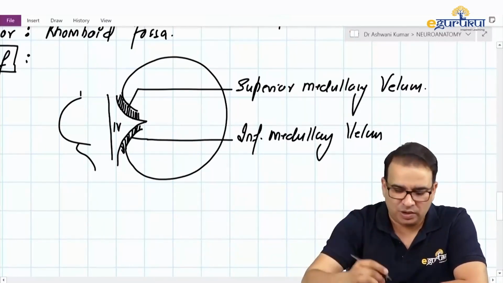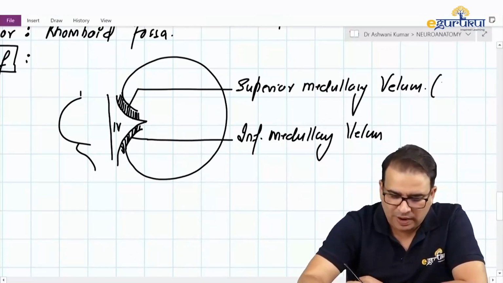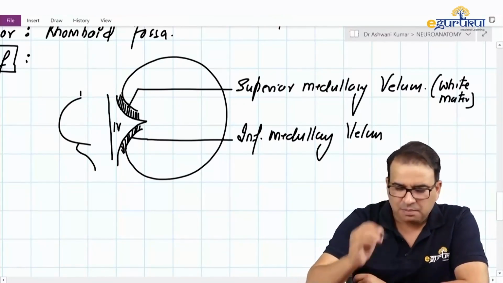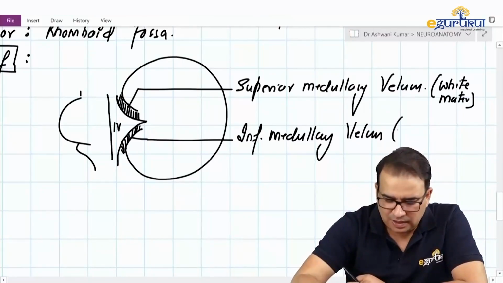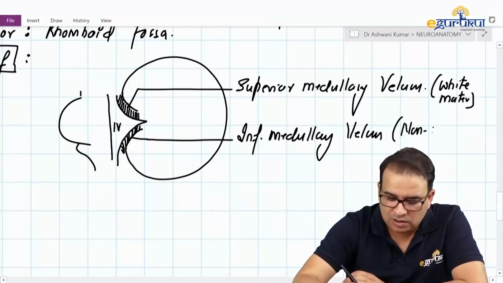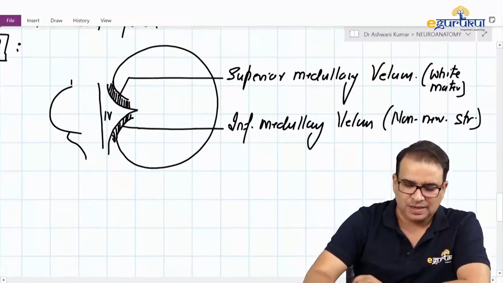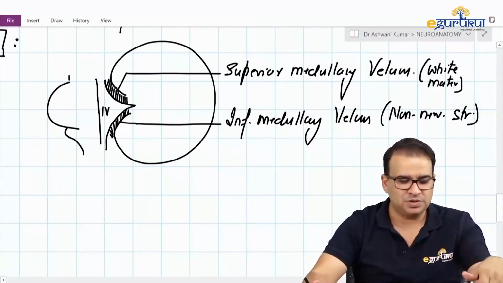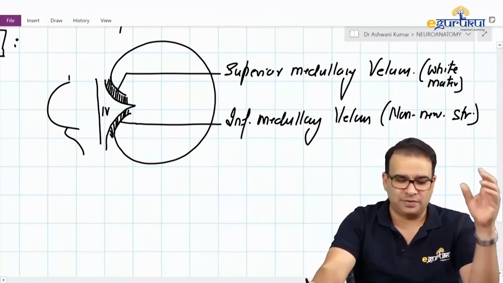It is made up of white matter only, basically axons. But the inferior medullary velum has an extension of pia mater, so it is a non-nervous structure. Superior medullary velum is a nervous structure and inferior medullary velum is a non-nervous structure.